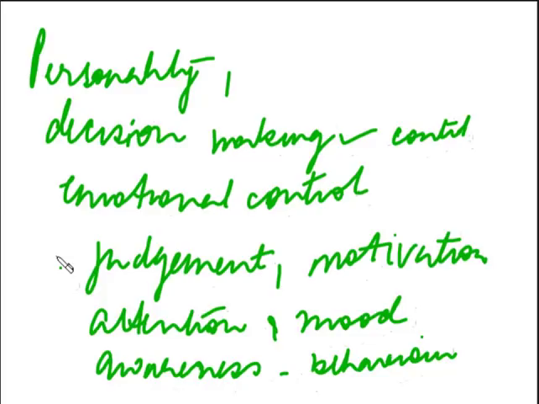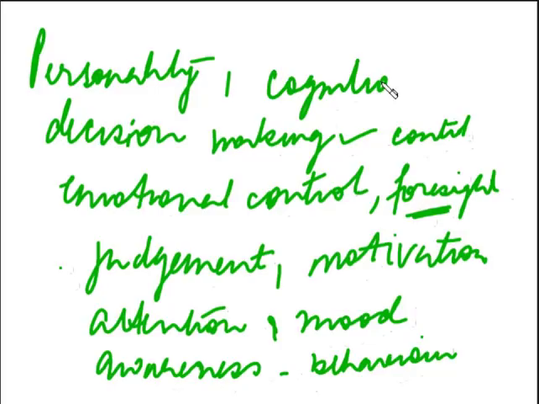And as I said earlier, it exercises control on higher mental faculties such as judgment and foresight. For example, if you did something, what the consequences would be. So it has foresight. And cognition, understanding what the world is really all about. So all of this is controlled by the prefrontal cortex.